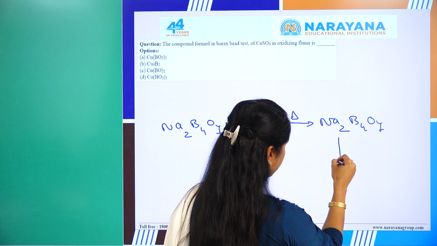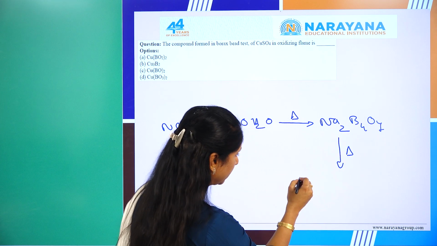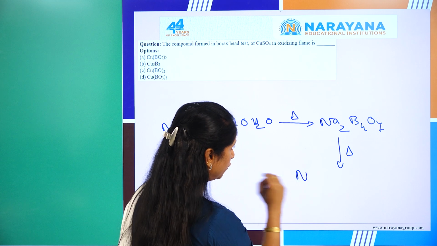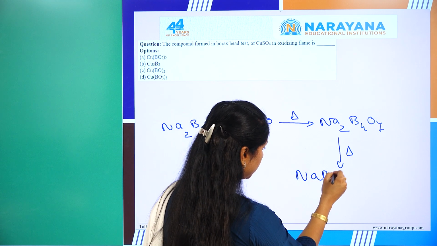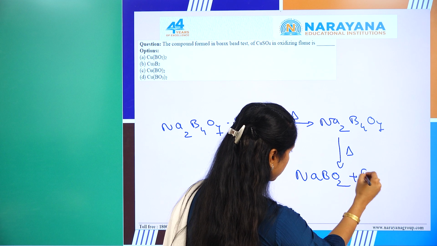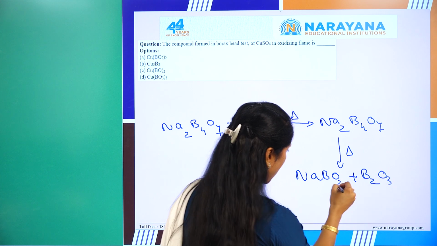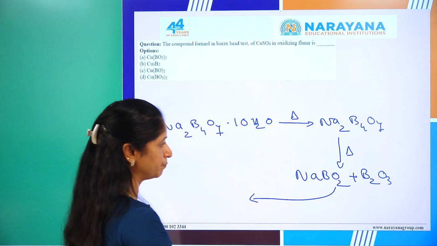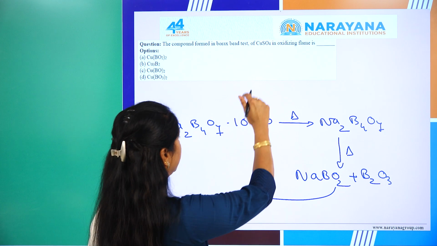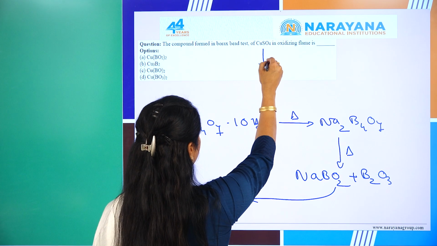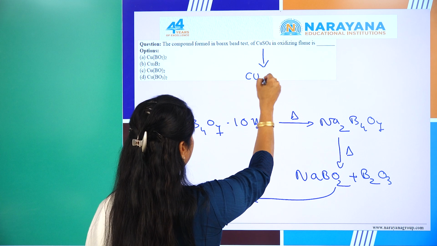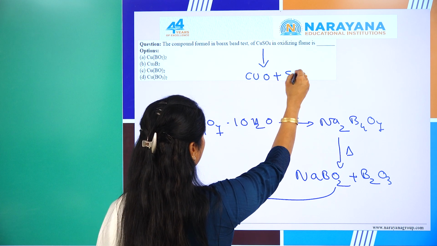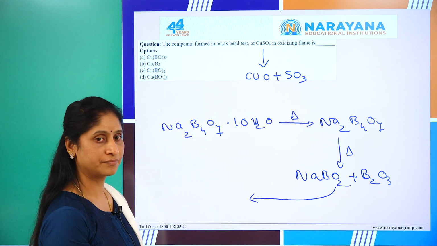When it is further heated strongly, you get a mixture of sodium metaborate and boric anhydride. Under the hot conditions, when this is brought near copper sulfate, the copper sulfate in the hot flame dissociates into copper oxide and sulfur trioxide.